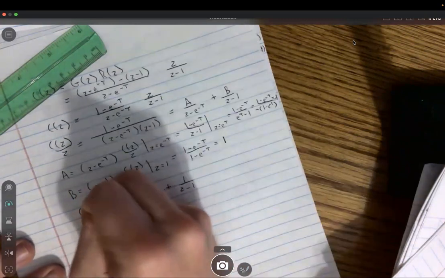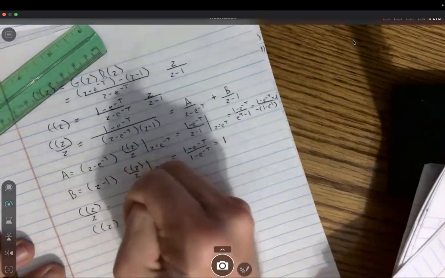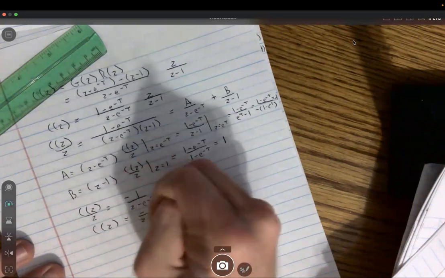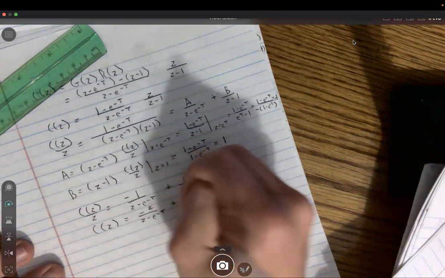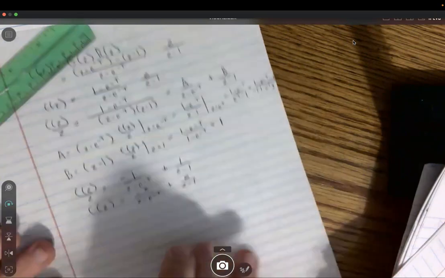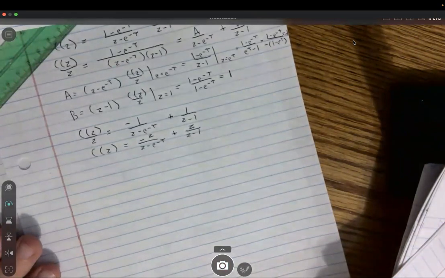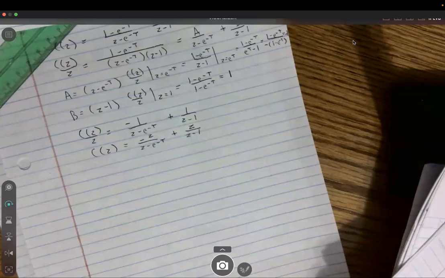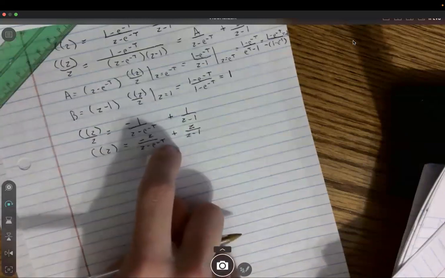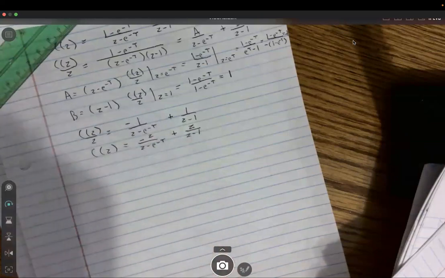Solving for my C of Z, I get -Z all over Z minus e to negative t plus Z all over Z minus 1. Now, taking the inverse Z transform of this, you actually have a table, correct?